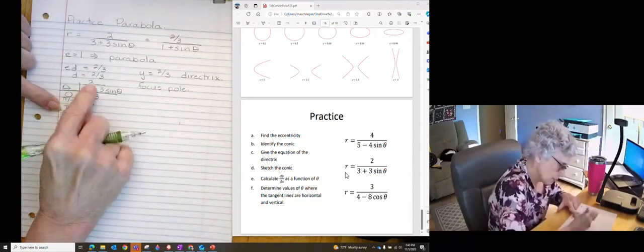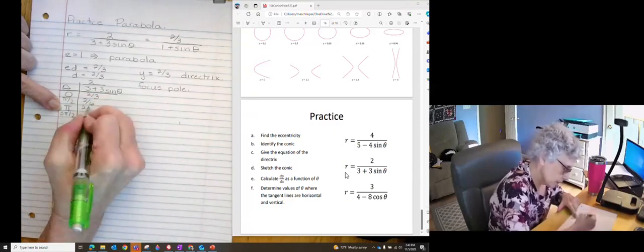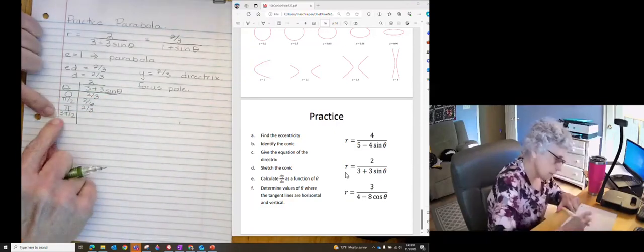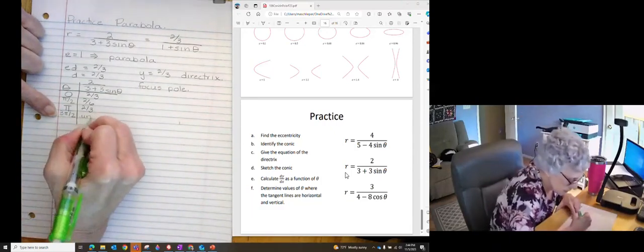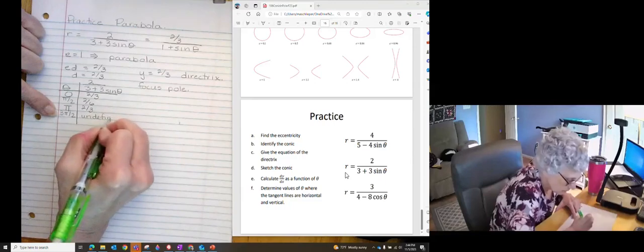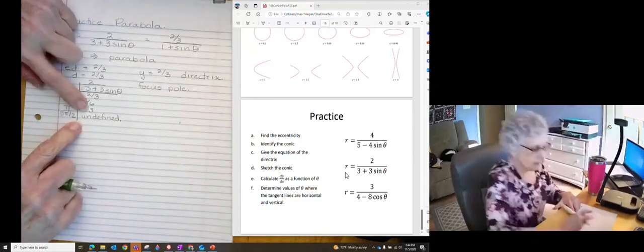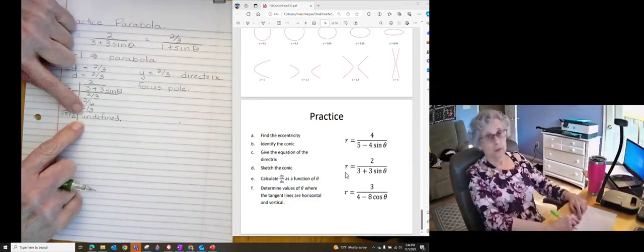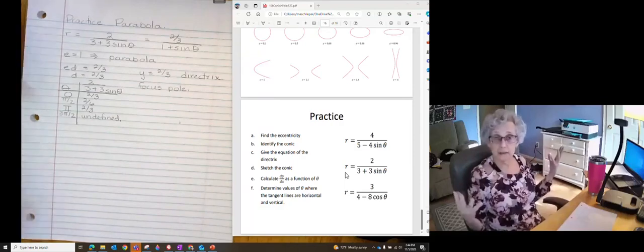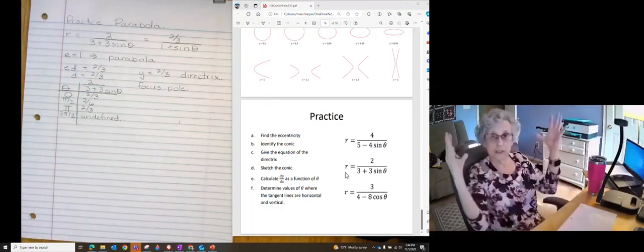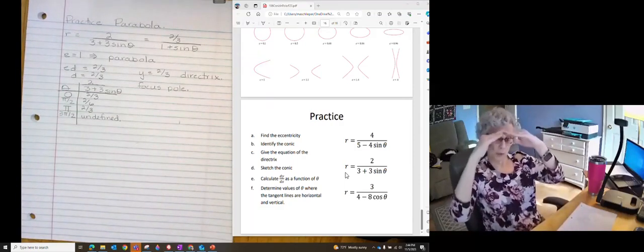I have 2 over 3 plus 0, and I have 2 over 3 minus 3, undefined. With parabolas, you'll always have one that's undefined. That's the side it opens up to. So this one opens down.